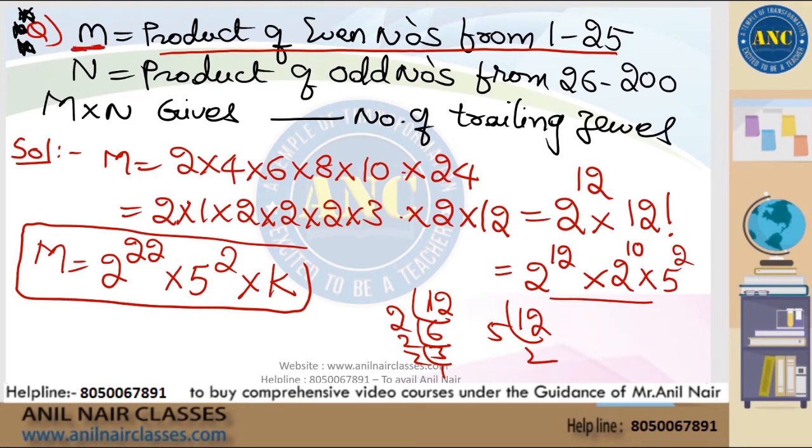This is only for M. Why the star mark? In this question you will realize that the number of zeros at the end is not always the highest power of 5. M is 2 power 12 into 12 factorial. This is what we got for M.